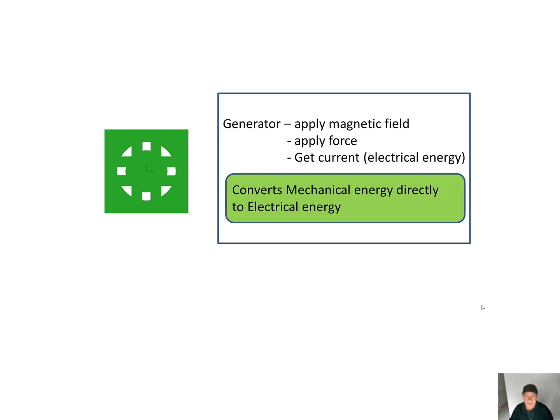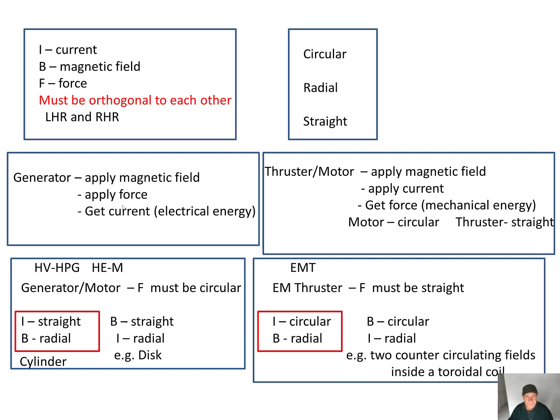It converts mechanical energy directly to electrical energy. This is the logo for the high voltage homopolar generator. I'll explain the meaning of the logo at the end of this video.